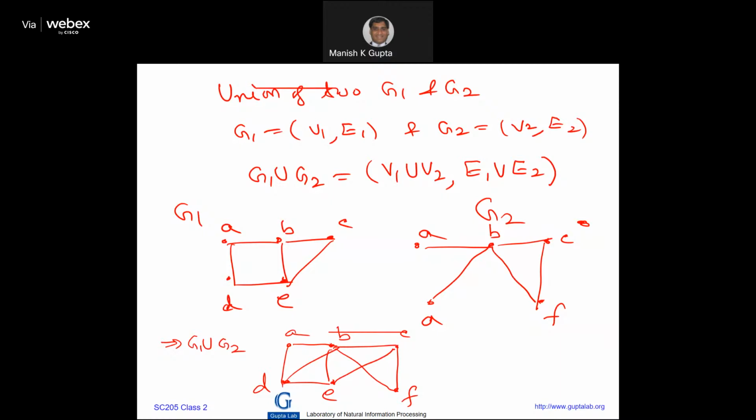So the corresponding vertex sets are union and the edge sets are union, right? So combination of both. A, B, C, D, E, F. Okay? This is the union.